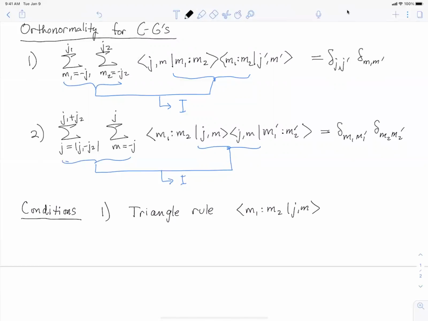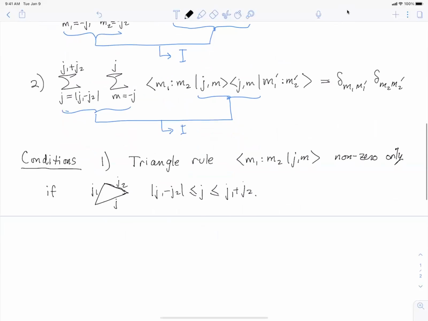It says the Clebsch-Gordon can be non-zero only if there's a triangle, a triangle that has sides J1, J2, and J. So that's just rewriting the fact that J1 minus J2 in absolute value has to be less than or equal to J, which has to be less than or equal to J1 plus J2.